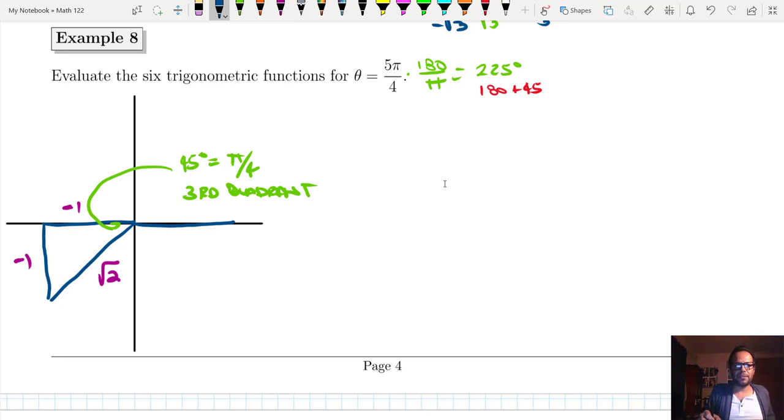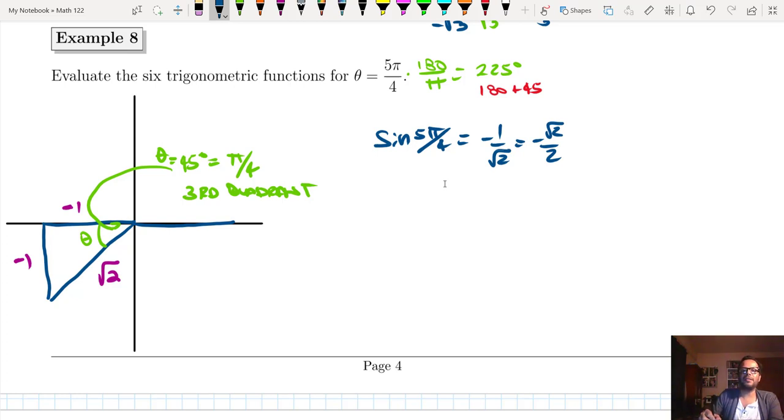Let's see. Sine 5 pi over 4 equals opposite over hypotenuse, right? Keep in mind that this is the reference angle theta equals 45, right? So that's going to be negative 1 divided by root of 2, which is negative root of 2 over 2 after rationalizing.